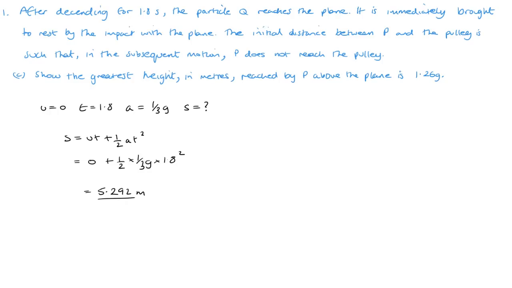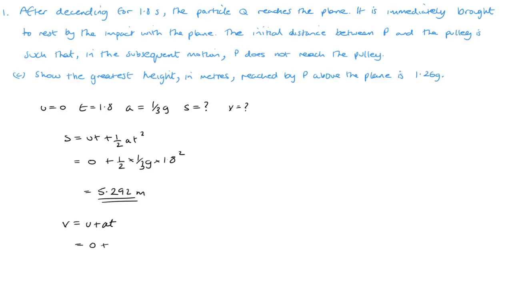And that is 5.292 meters. Now, we also need the speed, its final velocity at this point, because that's going to be the initial velocity when the system changes. So we need v. So v equals u plus at.